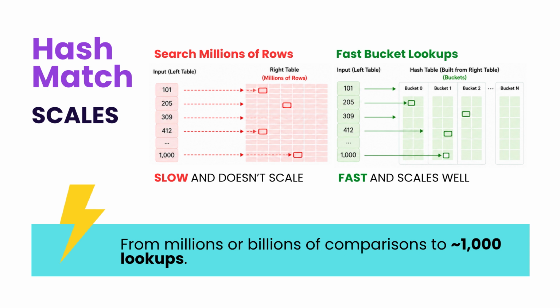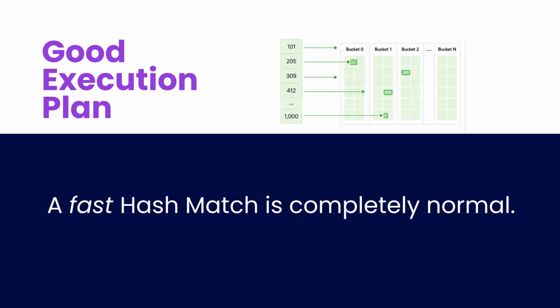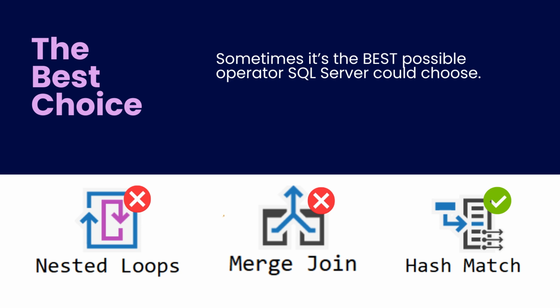And that scalability is exactly what makes hash match so misunderstood. Because the moment developers see it handling huge amounts of data, they assume the operator itself is the problem. Not true. Sometimes it's the best possible operator SQL Server could choose.